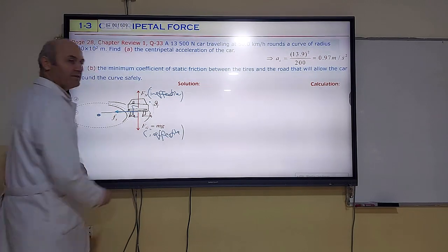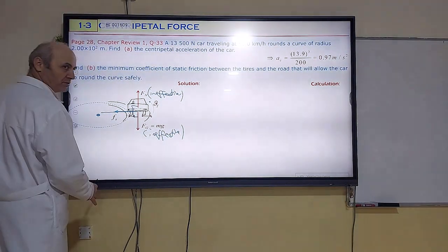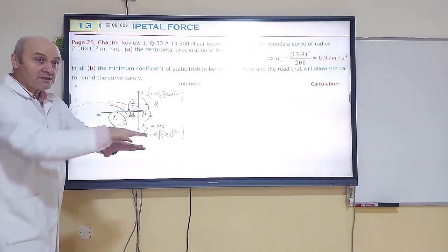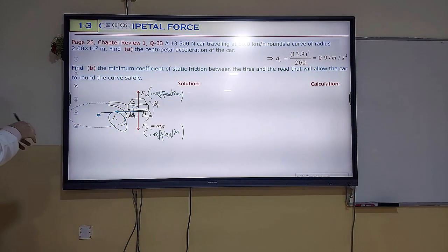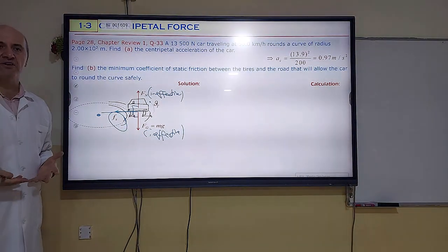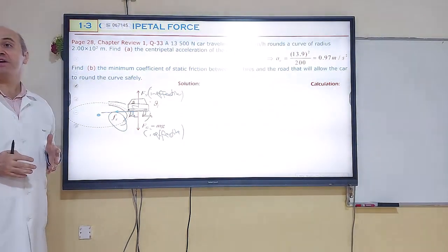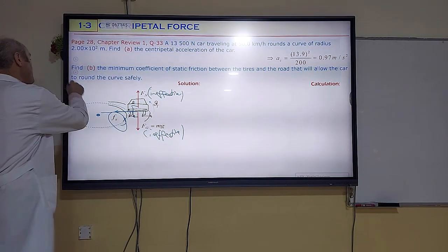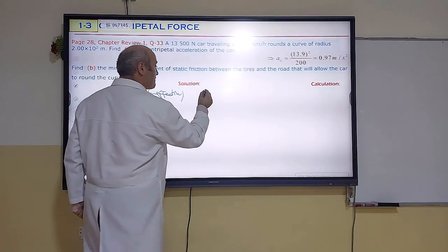Which force is along the radius? Static friction force. That's why in a horizontal contact surface problem, when the question says flat, we should directly give the answer. What force keeps this object in a circular path? You are going to say static friction force. Then I am going to write it: the centripetal force in this problem is the static friction force.